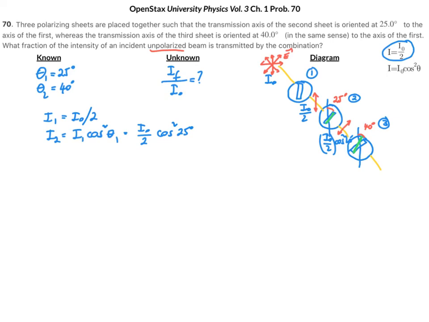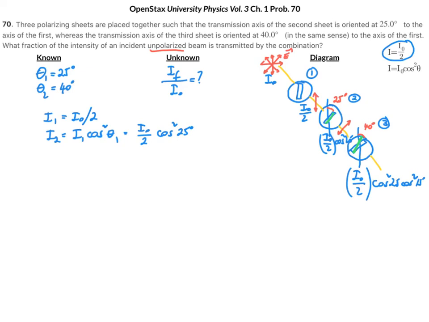So that means that the intensity here is the previous intensity, I0 divided by 2 cosine squared 25. And now the cosine squared will be the angle between this orientation and the new one. So it's the angle between the 40 degree and the 25 degree, and that will be 15 degrees.